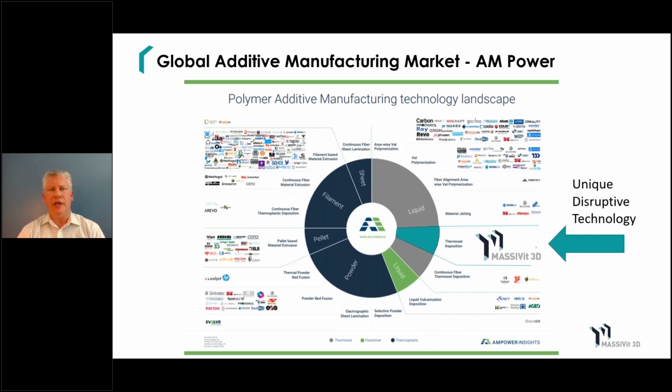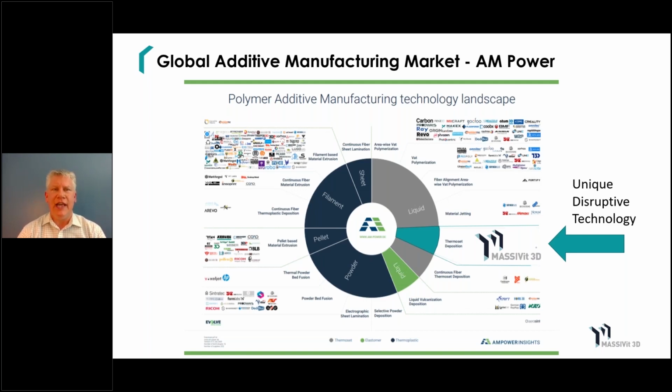Now, it's important that we talk about how we, as Massivit and GDP technology, fit in the additive manufacturing world. We are a unique, disruptive technology. AM Power is an analyst company that investigates additive manufacturing and additive manufacturing companies around the world. They produce reports and analysis for a lot of different customers.